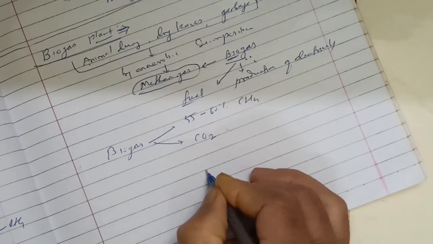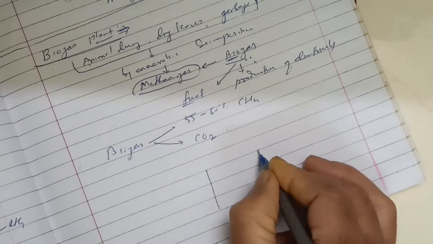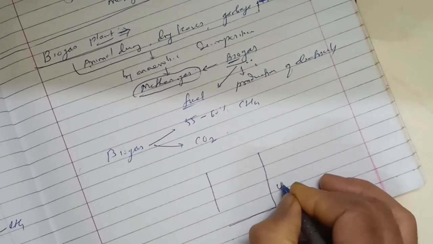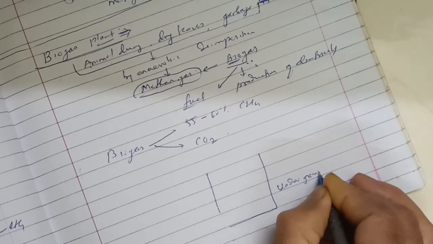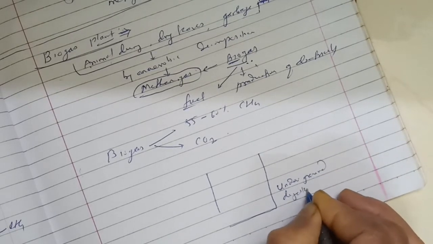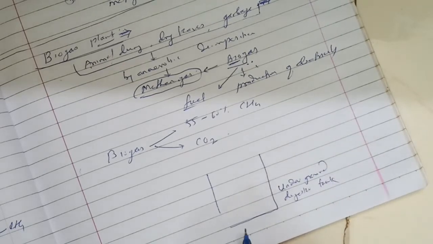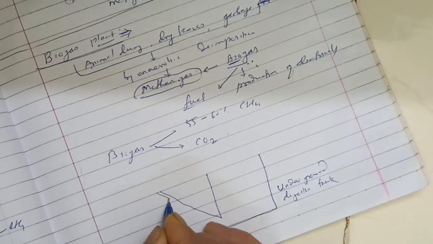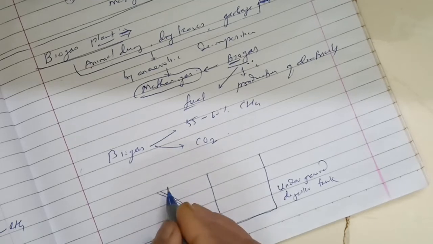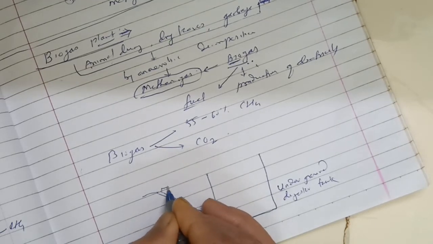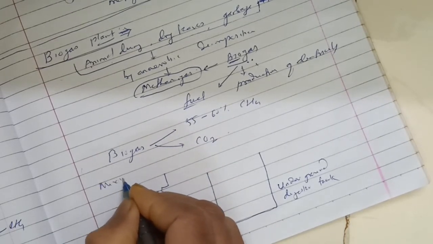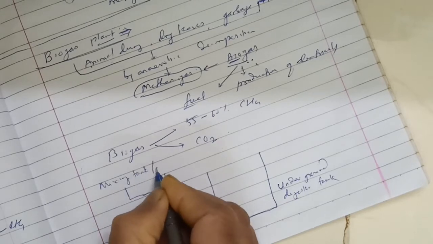See how biogas plants are formed or dug into the ground. Inside the ground is the underground digester tank. This tank is connected with another tank, called the mixing tank or slurry tank.